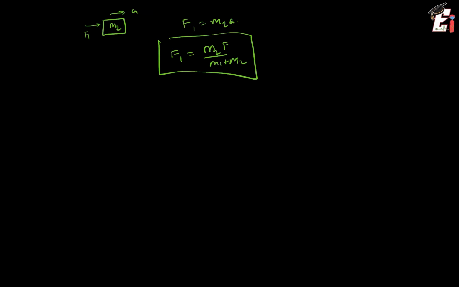If you study M2 from the same diagram, F1 is acting this side and acceleration is acting this side. So in that case, F1 is equal to m2a, or you can write F1 is equal to m2 into F divided by m1 plus m2.